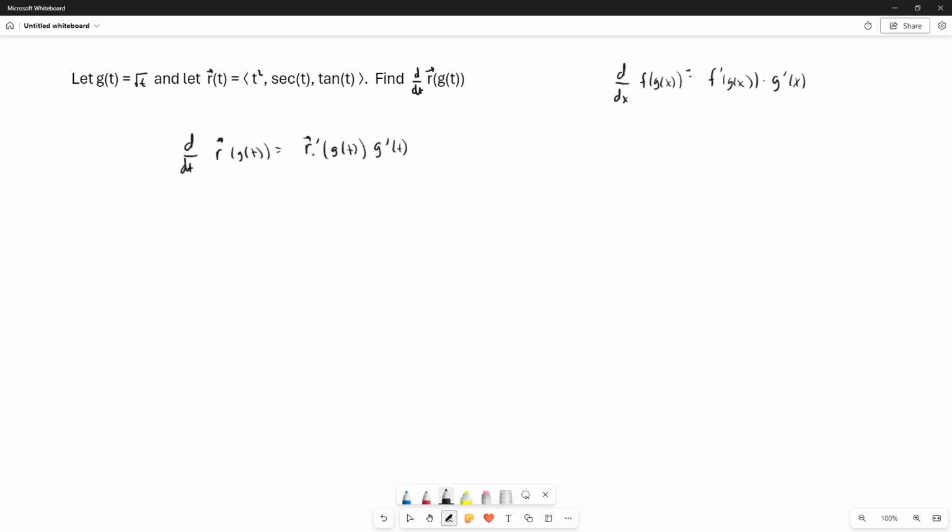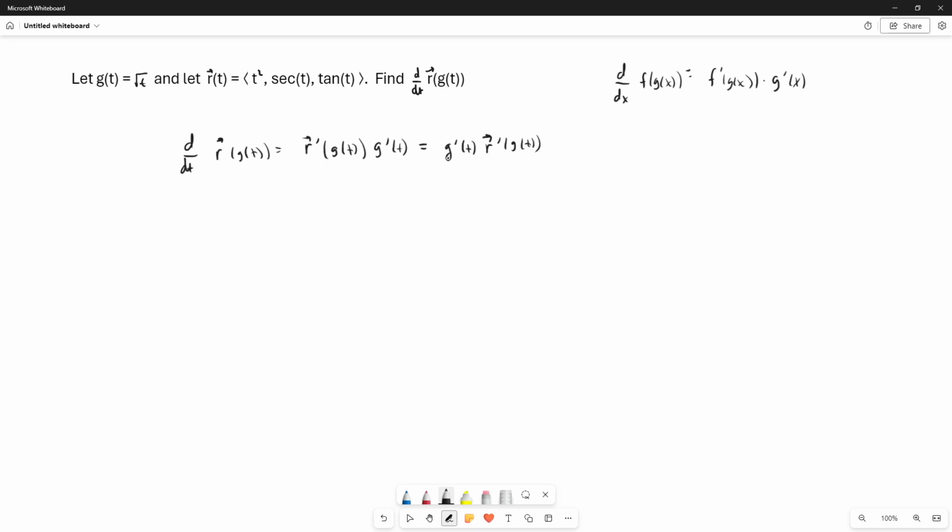This one's a vector valued function and this one's a scalar function, and so we usually like to write the scalar before the vector. So g prime of t times r prime of g of t.